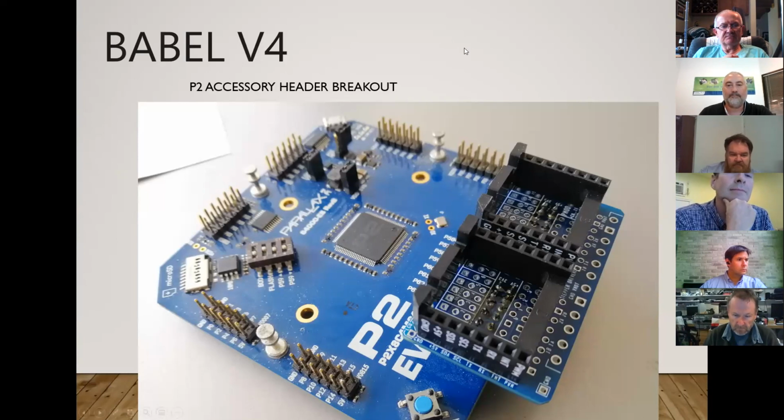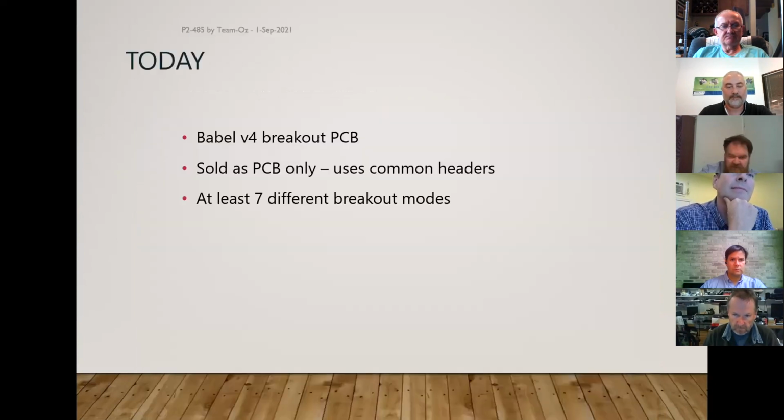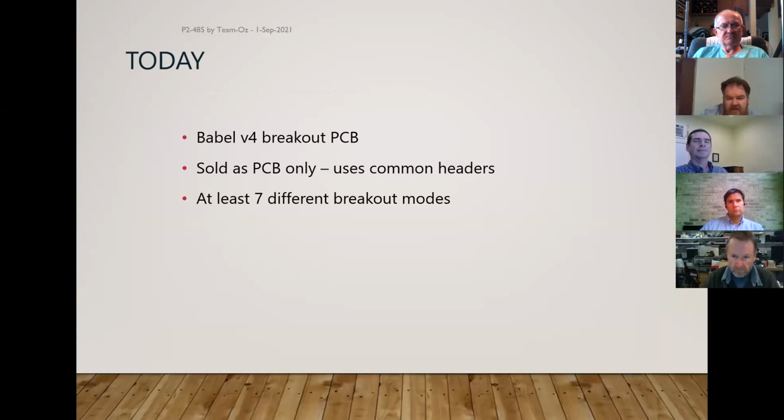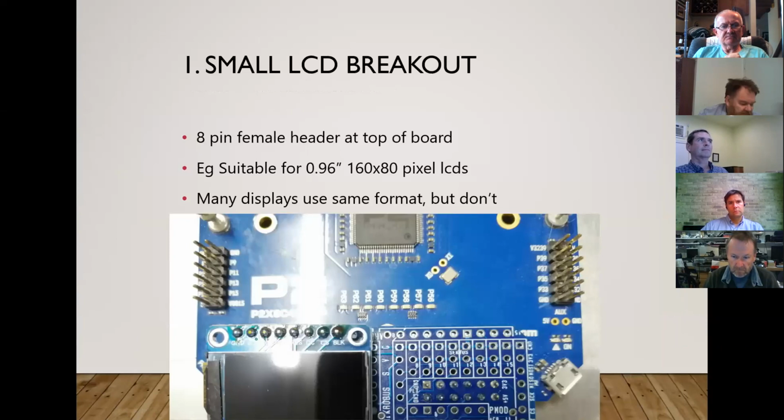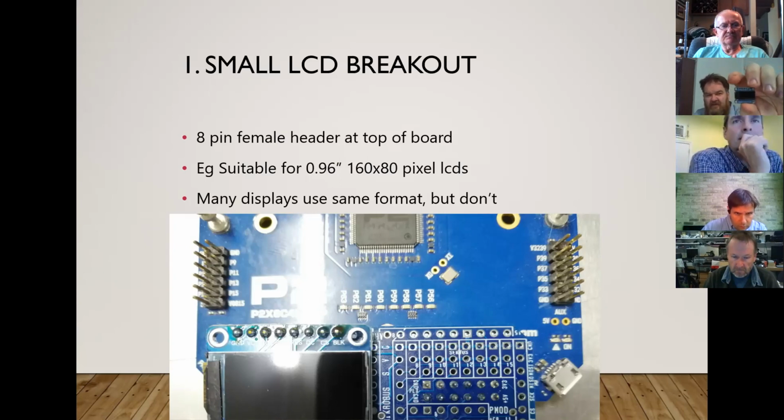Okay, so we've got 7 different modes in which this can be used, and it just involves soldering headers in different locations, depending on which configuration is useful for a particular application. The first one: we've been using these small LCD screens. Brian's been writing some drivers for these and other small displays. There's some commonality in that they have 8 pins, and that's where the commonality really ends.